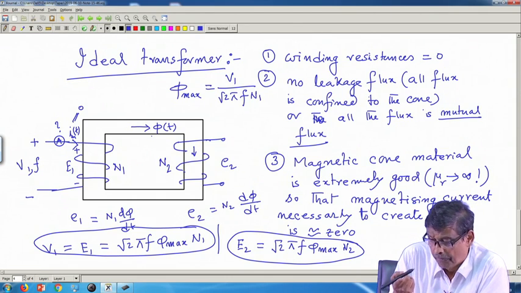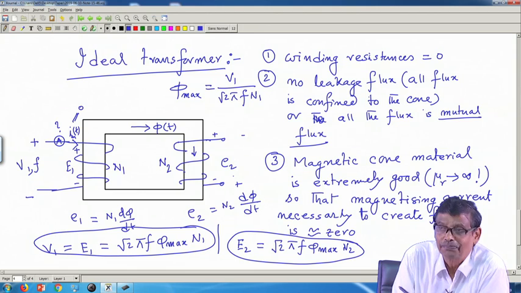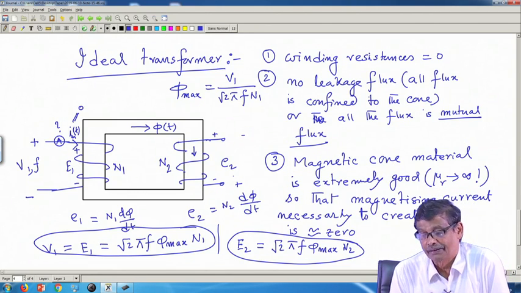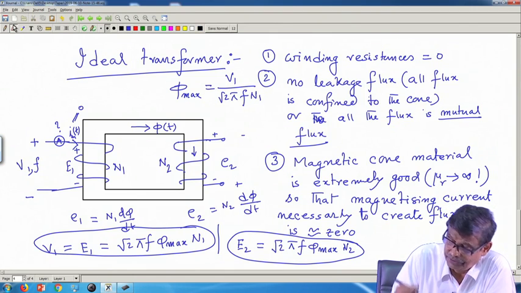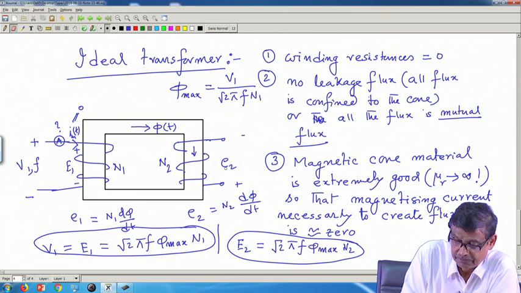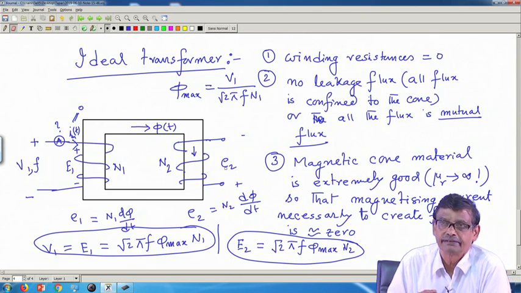Now, there are only two possibilities, either this is plus, this is minus, or this is minus, this is plus, either one of these is true, correct. Suppose I am not sure, suppose this has happened, this has become plus, this is minus.